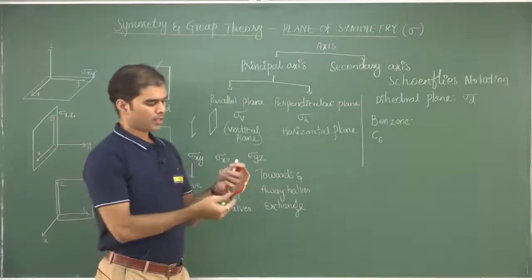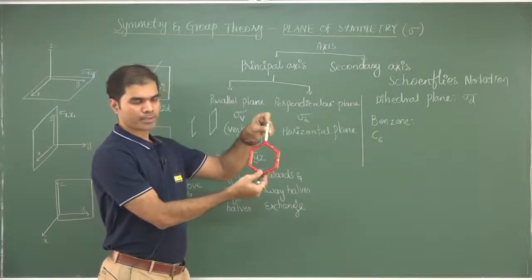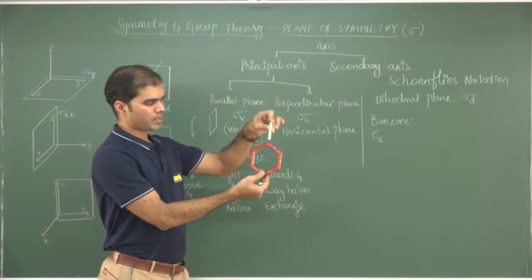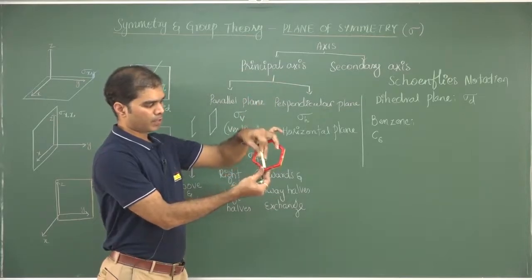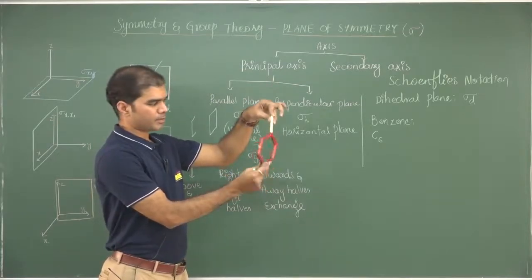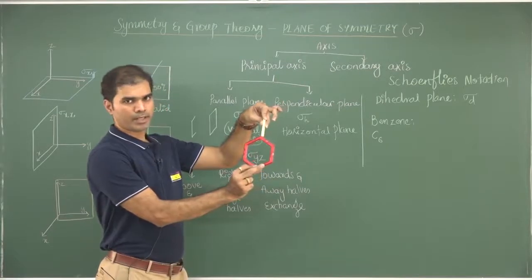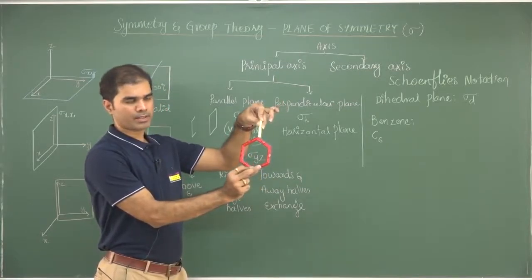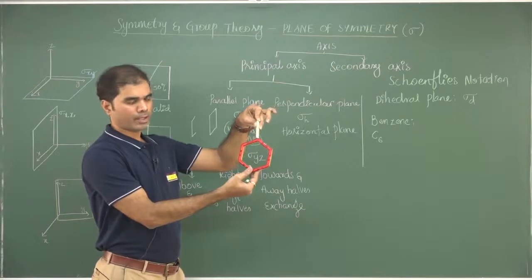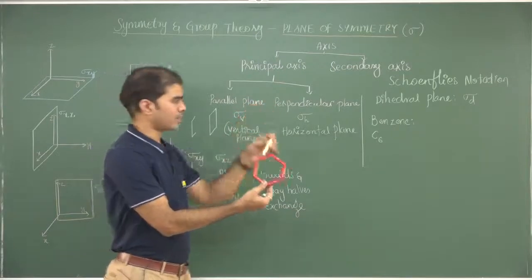Along with this C6, I can pass a C2. This is a C2 which is passing through hydrogen and carbon. I am just rotating by 180 degrees, and it is giving an equivalent configuration. So therefore there is a C2. How many C2s are present in it, you can check.